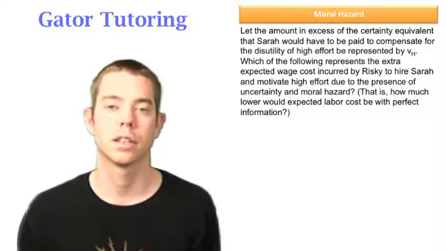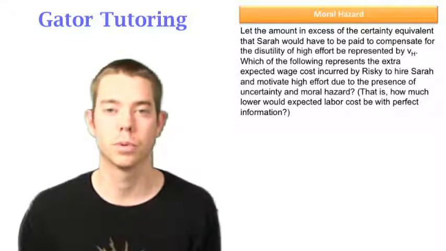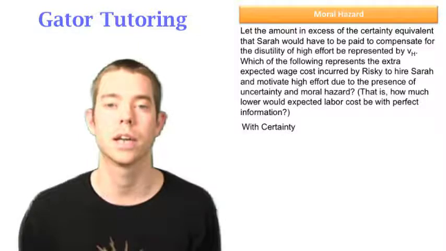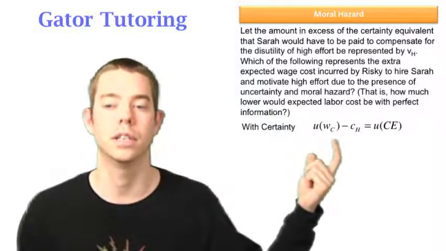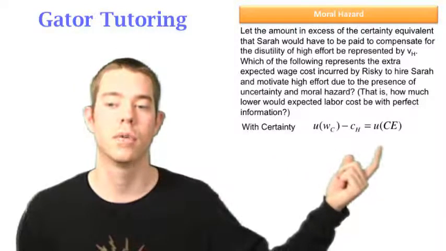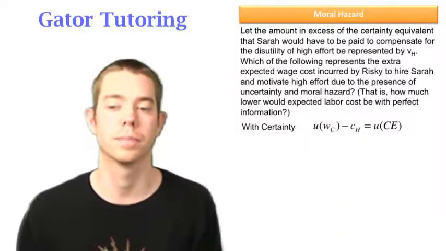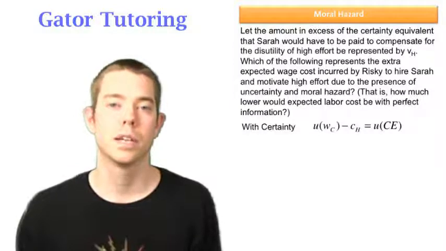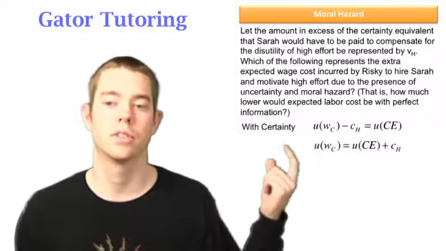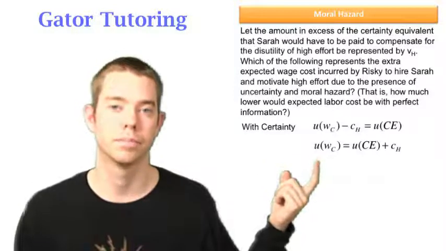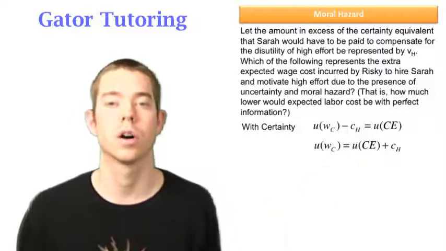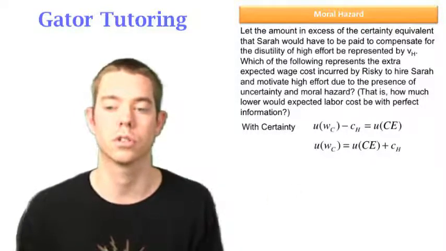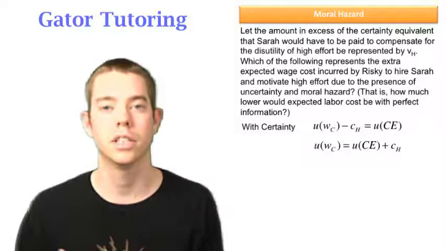Well, first let's take a look at how we solved for that wage with certainty. With certainty we said, okay, the utility that we get when we consume our wage with certainty minus the cost of hard effort had to be equal to our reservation utility. Then we can add CH to both sides and solve that the utility of our wage with certainty had to be equal to our certainty equivalent plugged into our utility function plus that disutility of effort.